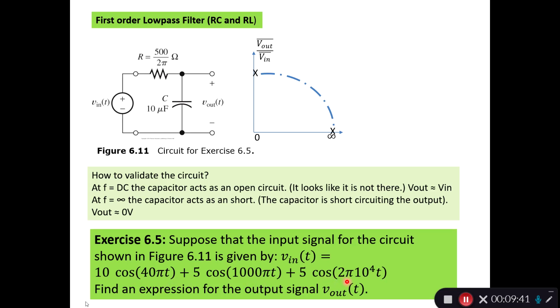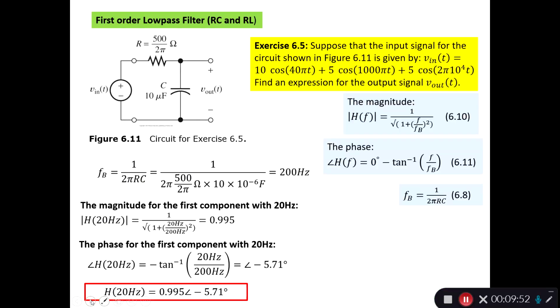So in that case, I need to find the transfer function for each of the components. So let's start. My tools for a low pass filter are the magnitude and the phase equation and the breakpoint frequency, and how I can find that.